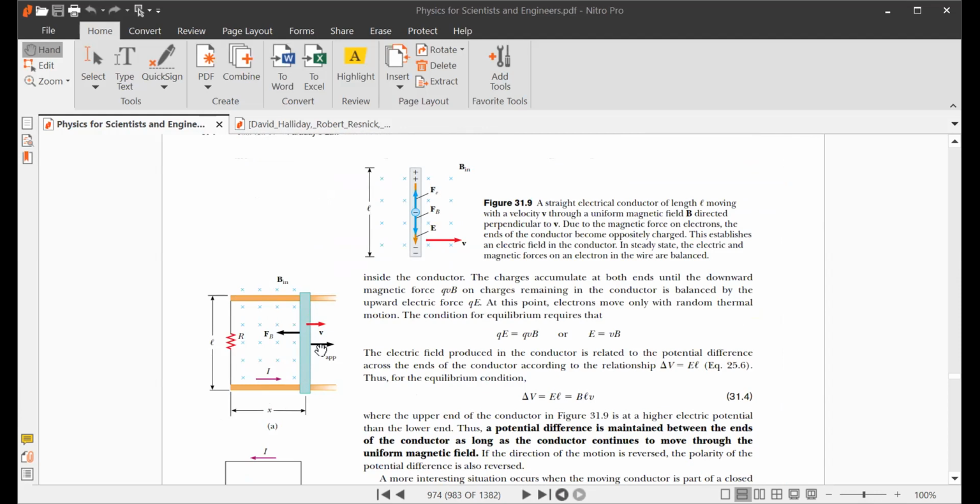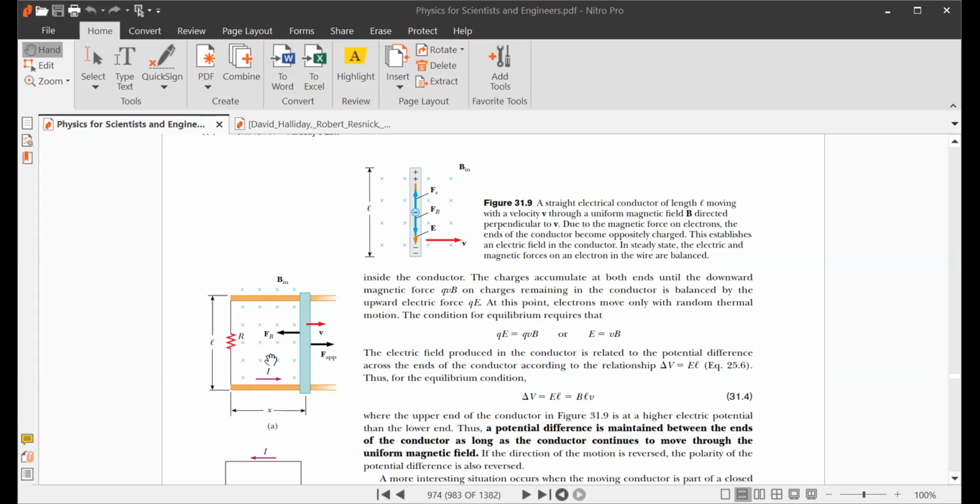So if we move this rod to the right with this force F applied to it, the flux is increased in this case, okay. So if the flux increases, then the induced magnetic field should be toward us.